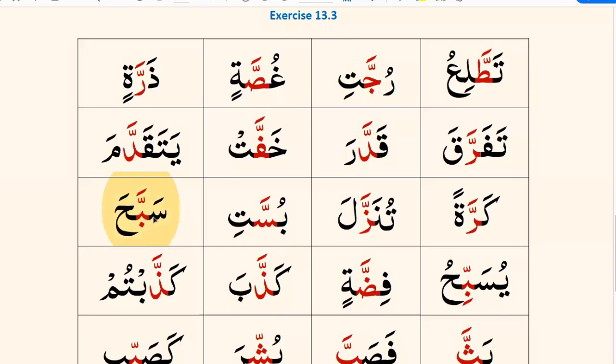Okay. First letter is, what's this first letter? Sin. It's a sin. Excellent. And what's the stroke on top? Fatha. Excellent. So we will pronounce this how? Sa. Sa. Beautiful. Well done. Now, this letter here is Ba. A ba has a shadda on top, so that is our mushaddad letter.